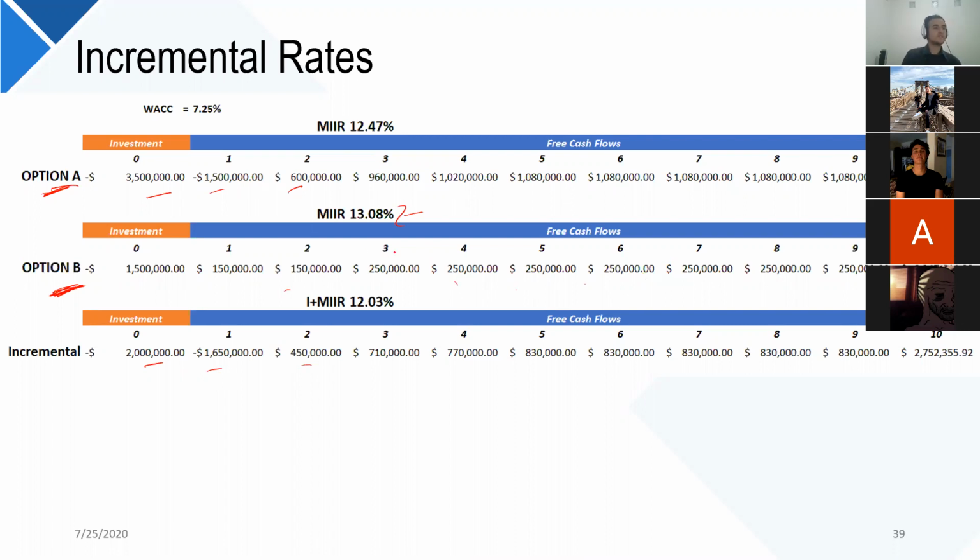This means that if you were to invest in another project with the same characteristics as project A, as incrementals, then you will get these cash flows.